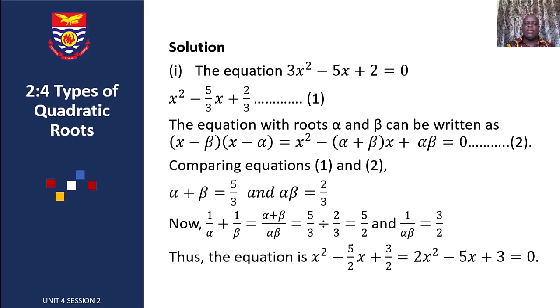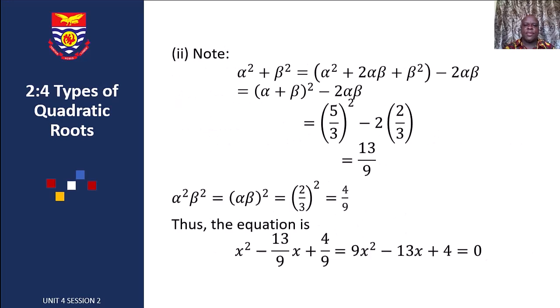So we have x squared minus, so alpha plus beta, we got 5 out of 2. So we bring the 5 out of 2, then we multiply by x, then plus the product, which is 3 over 2. When we simplify, we get 2x squared minus 5x plus 3 is equal to 0.